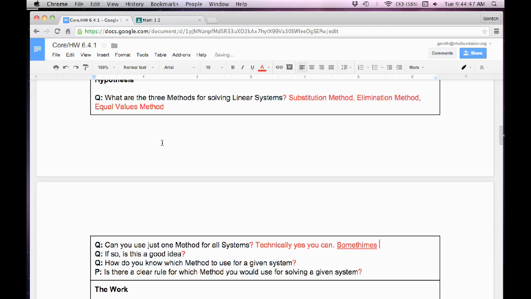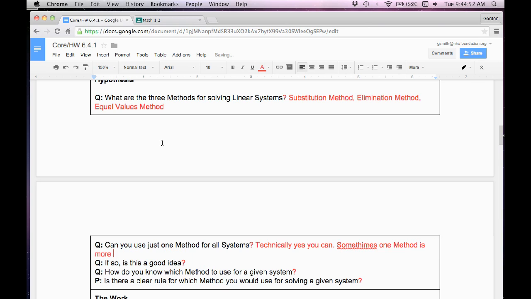Sometimes one method is more efficient, meaning easier and less work. Sometimes another method is more efficient, but all three methods will work.